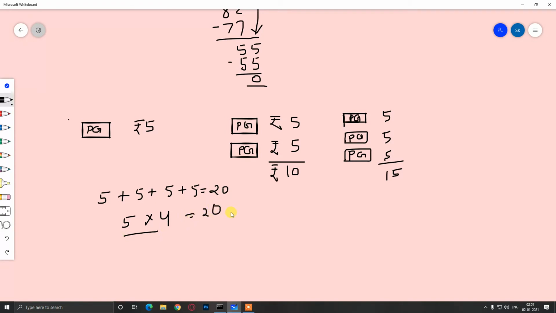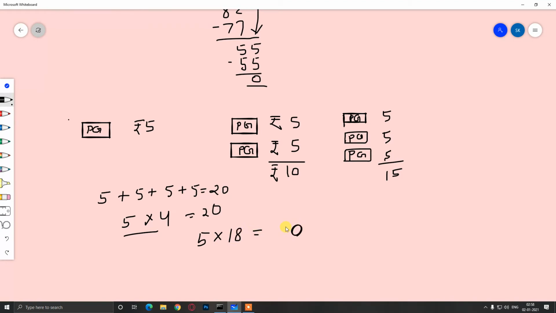Similarly, if I want to calculate the cost of 18 Parle-G, so 5 means we have to add 5 18 times, so 5 into 18 we have to do.